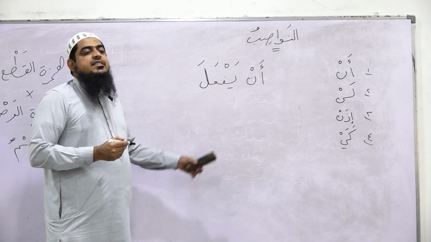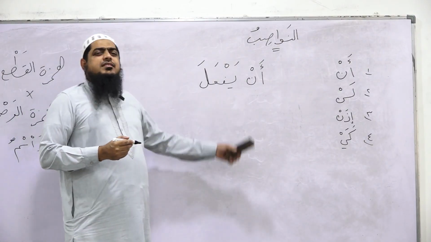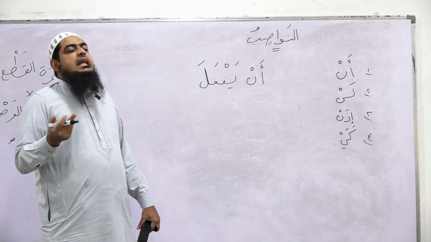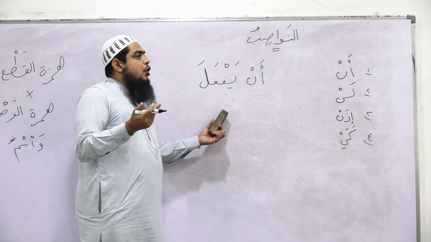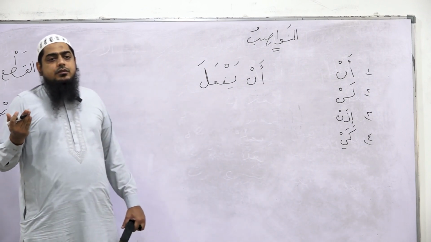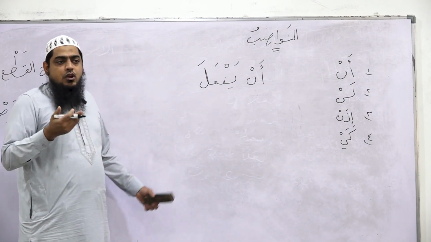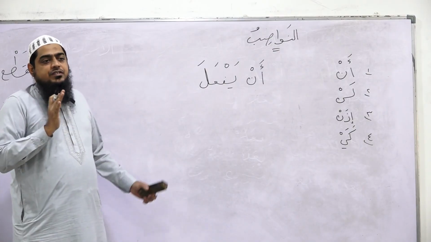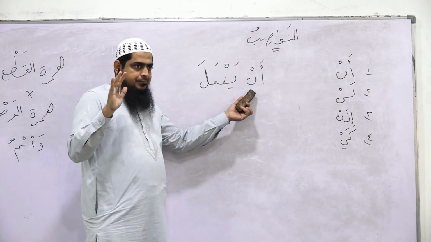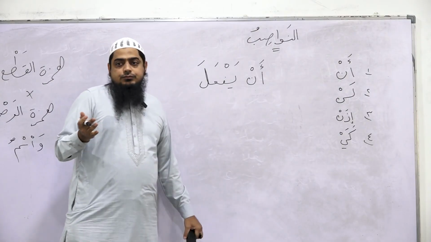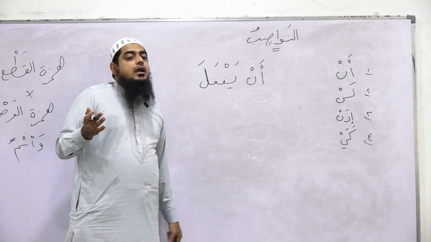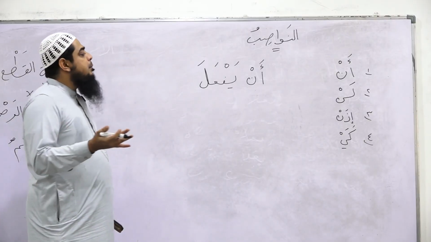Meaning of this an is 'that'. For usage, you go and check your Nahu textbooks, because we are not learning Nahu here. We are just seeing the varieties of fi'l. This has meaning and this has usage also. You can't use it wherever you want. This is called an al-masdariyah.